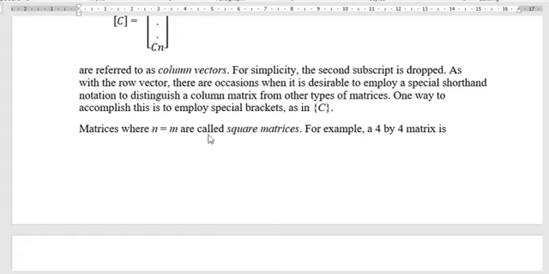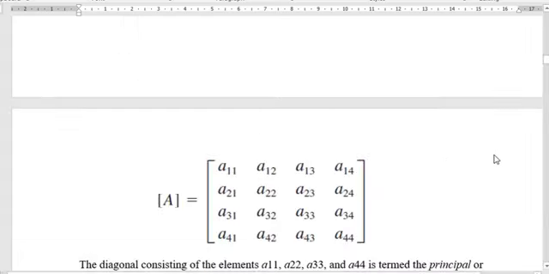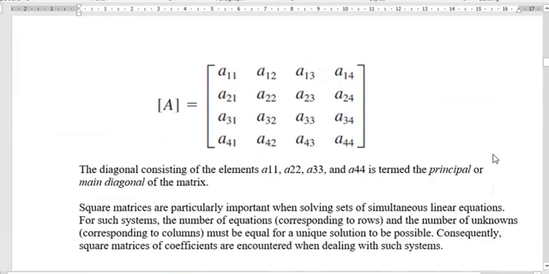So the values of n and m are the same. For example, this is a 4 by 4 matrix: 1, 2, 3, 4 by 1, 2, 3, 4. Without this part, it could be a 3 by 3 matrix.